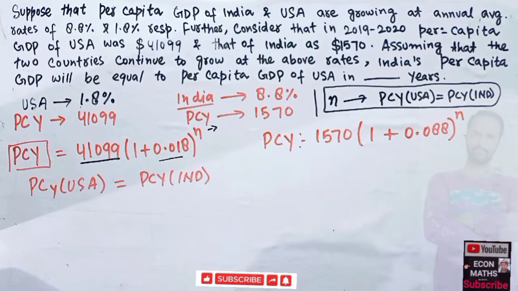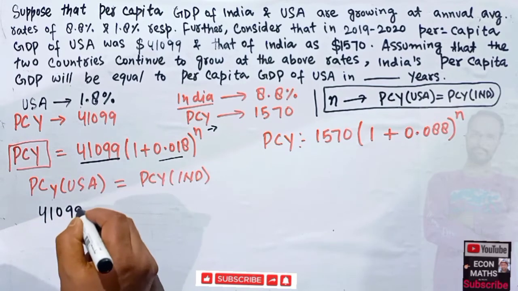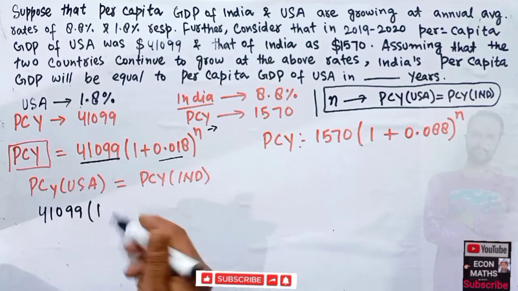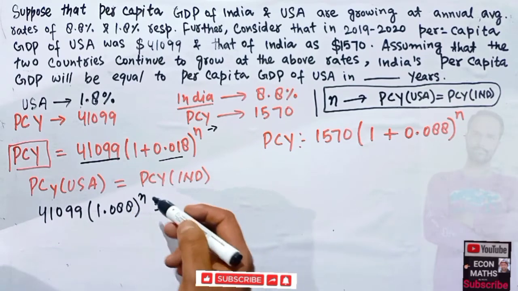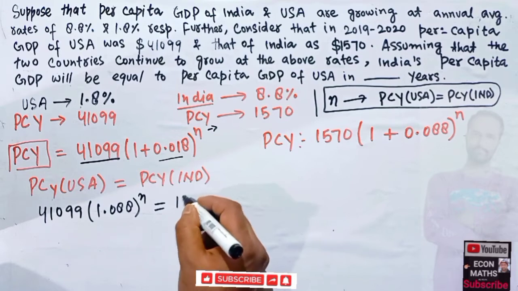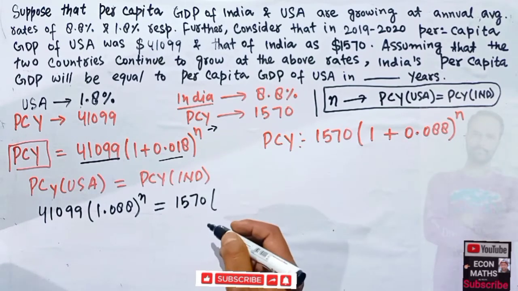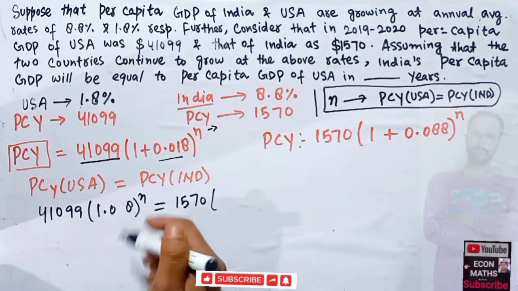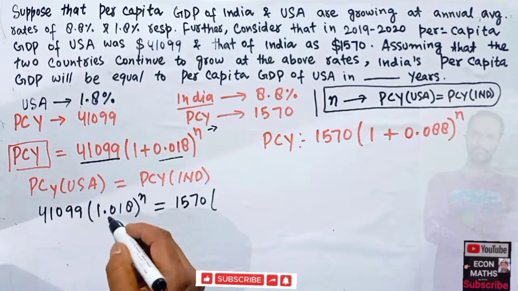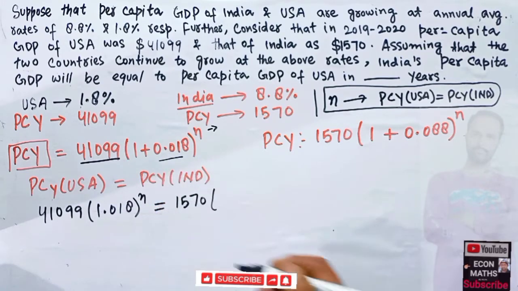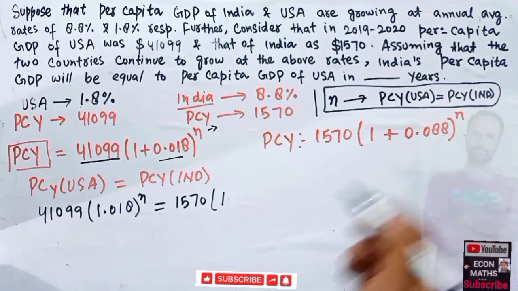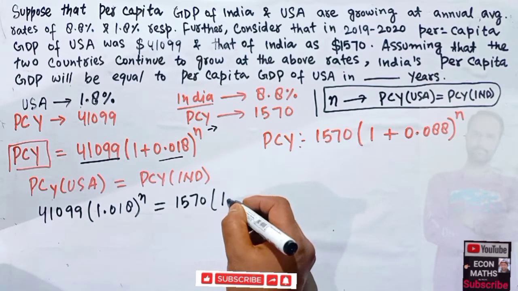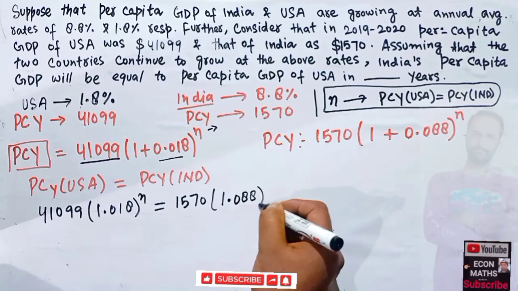So we write 41099 times 1.018, sorry, I made a mistake here, 1.018 raised to the power n, should be equal to 1570 times, adding 1 and this decimal portion, 1.088 raised to the power n.